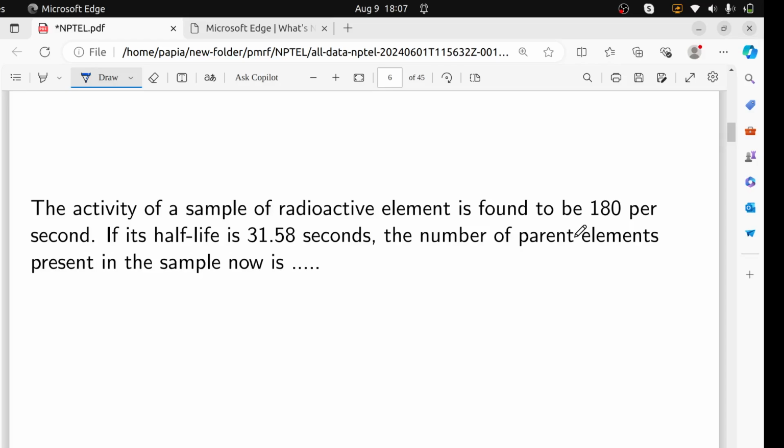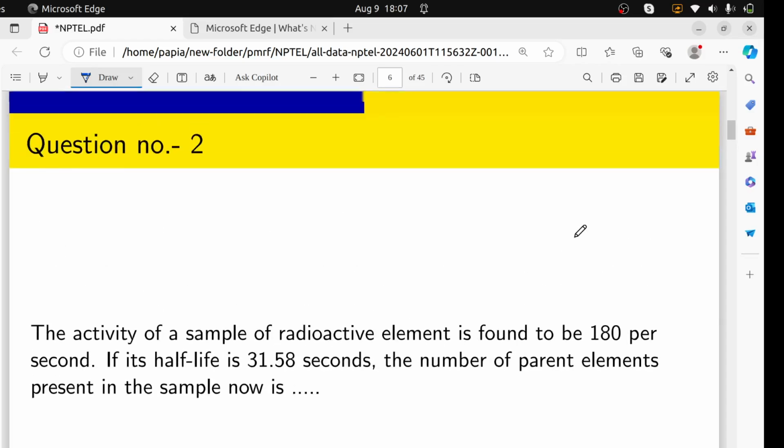I hope all of you already know about radioactivity, because Professor Paulus has already given some lectures on the radioactive element and radioactivity. So we all know what radioactivity is, but wherever it is needed, I will tell you.